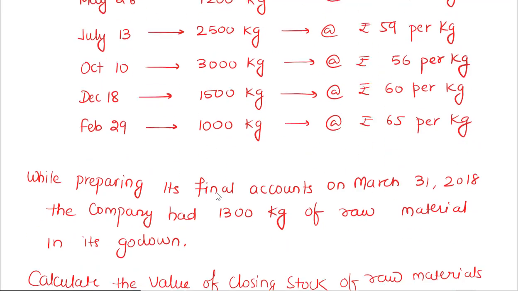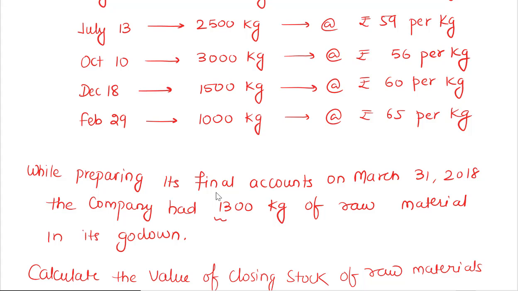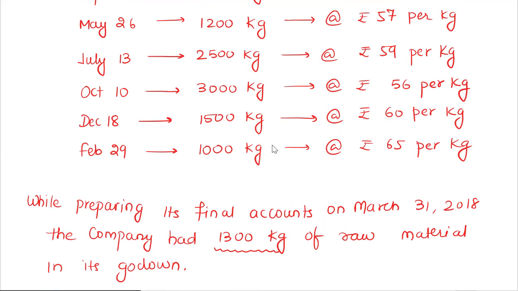So students, if you had read the question, it is clearly mentioned that in the closing inventory we have only 1300 kgs of raw material left in the godown. So as per first in, first out, the latest material would be available. So 1000 kgs at the rate of 65, and out of 1300, 300 would be taken from 18 December, that is from this 1500 kgs.